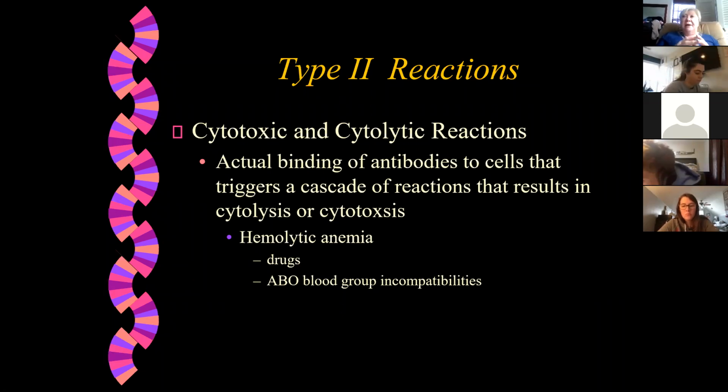So when you get the wrong type of blood, it's a type 2 antibody antigen reaction, and you get the hemolysis of the cells, and that's what causes the kidneys to plug with all those ruptured cells. And so a blood transfusion reaction, a true ABO incompatibility, you got the wrong blood type, is a cytolytic reaction.